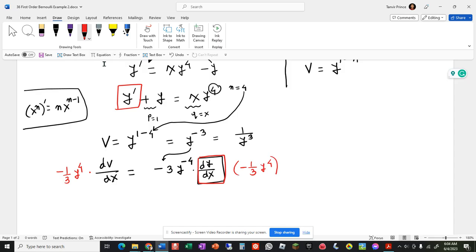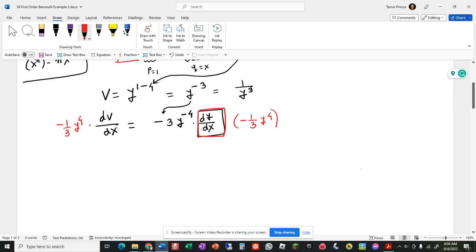Of course, negative 3 and negative 1/3, when you multiply, is just 1.